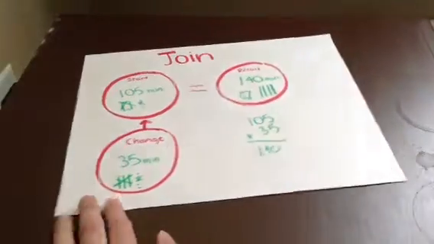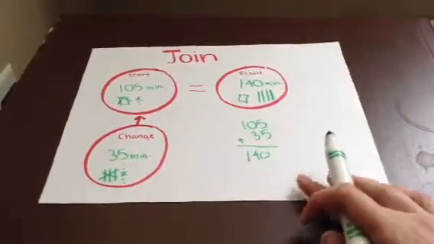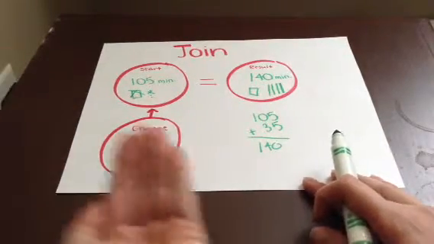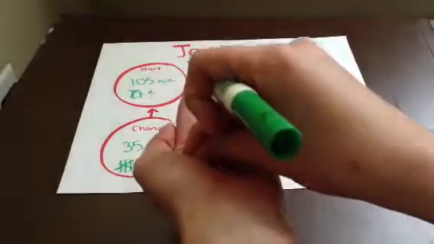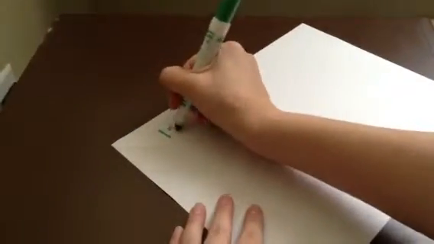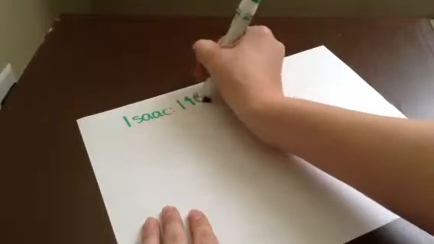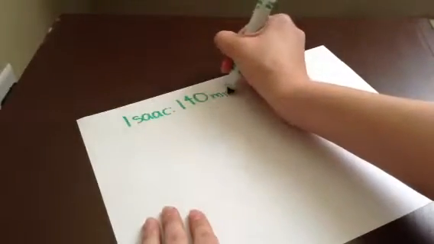So now we know exactly how long Isaac was at the gym because we used our join set model. We had 105 minutes, 35 minutes was added to it, and now we have 140 minutes.